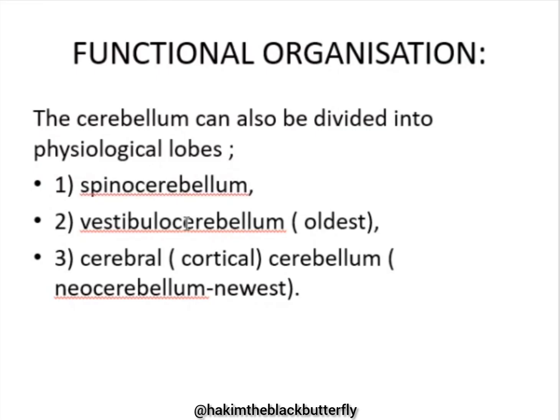Vestibulocerebellum, in embryological terms, this is envisaged to have been the first part of the cerebellum to evolve. That's why they call it the oldest, for those who believe in evolution. So the vestibulocerebellum is the part of the cerebellum which carries out the other function of maintaining equilibrium.